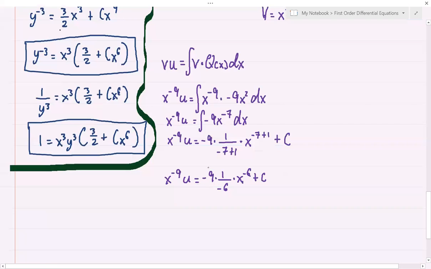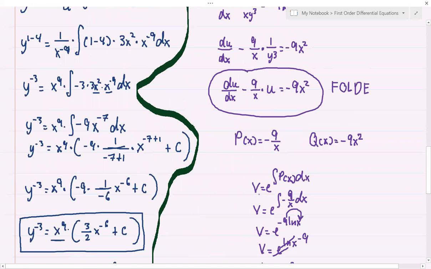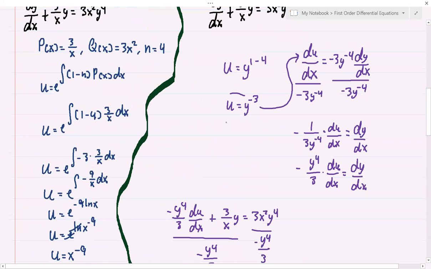Okay, so multiply negative 9 and this term together. So you will have positive 3 halves times x raised to negative 6 plus c. And we're not done yet. I know it seems like we're done, but remember that your u is equal to y raised to negative 3.